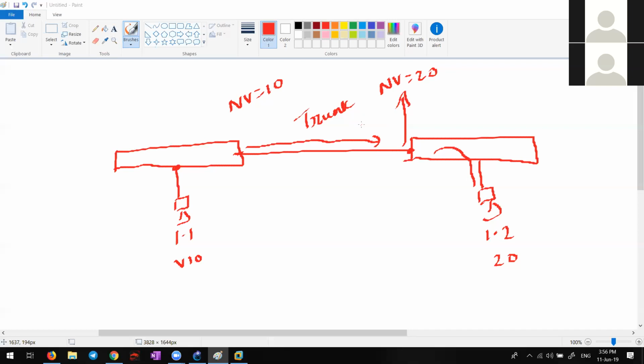If the native VLANs in the 2 switches are different, a native VLAN mismatch error comes. I understand. How does the switch identify that? I'm simply configuring a trunk. I'm not sending any data. Suddenly you will start getting the native VLAN mismatch error. How are the switches understanding there is a mismatch in the native VLAN?